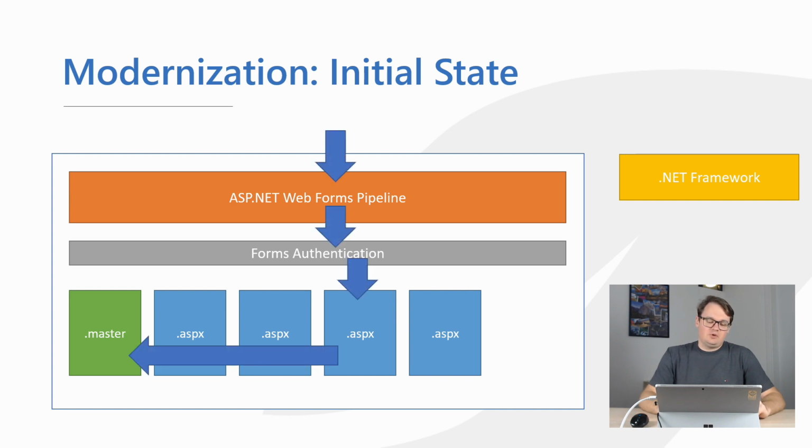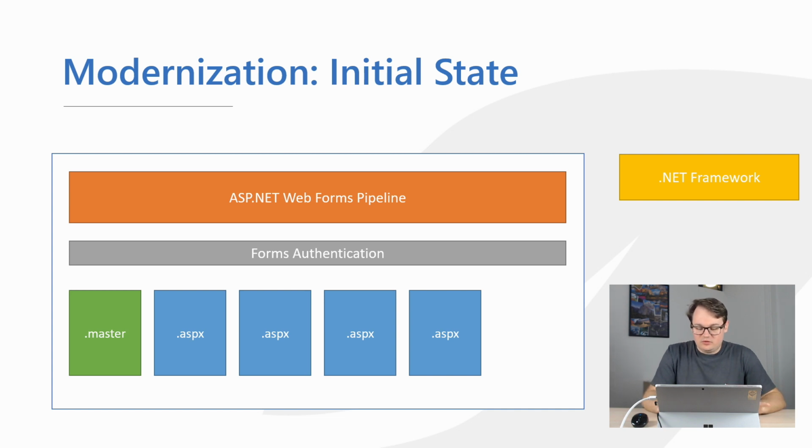Yeah? And if you get a request that points to another page, again, the Web Forms pipeline will take care of it, and it will route it to the specific page and do everything that needs to be done. The next step in this, so this is the initial state. This is how it looks at the beginning.